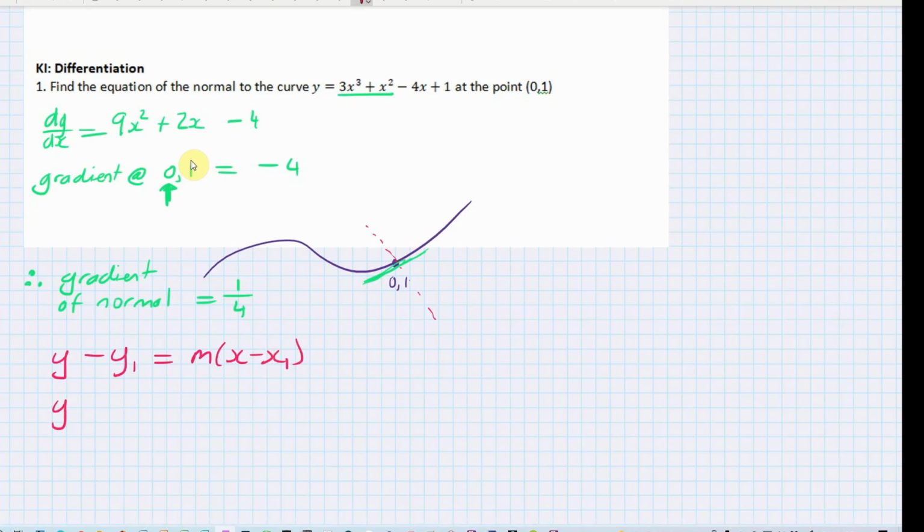What's y1? Well, it's the coordinate. We know that coordinate is on the normal, and we know the gradient is 1/4, and then x1 is 0, so it's like that. And let's just go over here. y equals 1/4 x plus 1, and that would be our final answer.